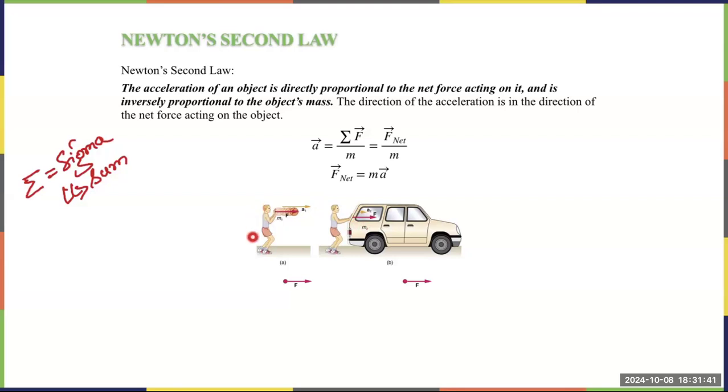Newton's second law of motion is only valid in a two-object system. Meaning this person is outside of this SUV. The SUV is one system, and this person is another system. Same thing, a ball is one system, this person is another system.